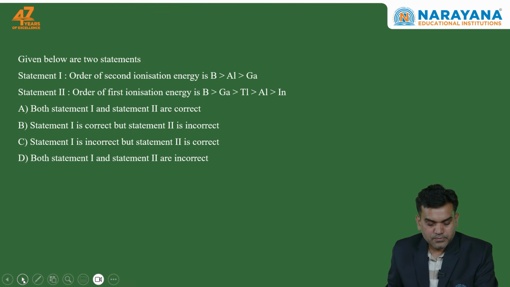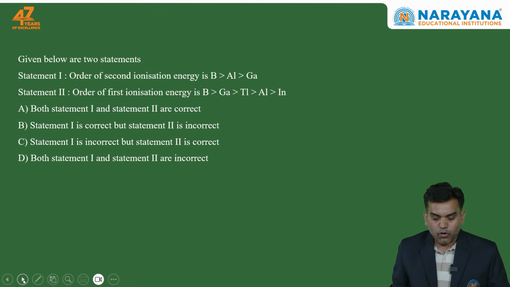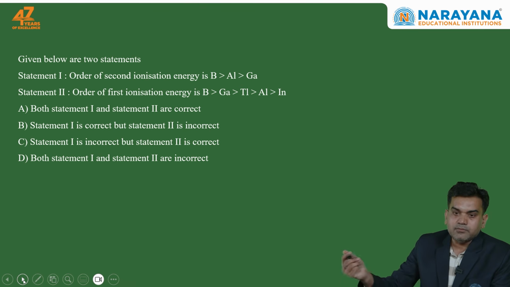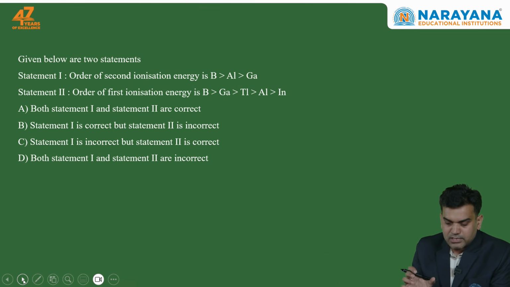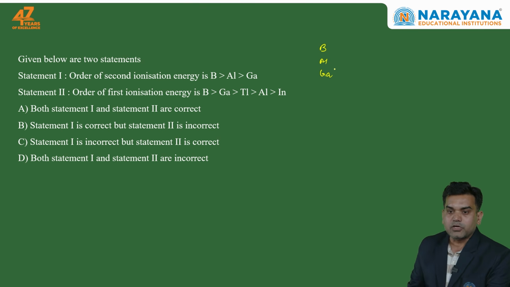This says, given below are two statements. Statement 1: the order of second ionization energy is boron, aluminium and gallium. This is a little bit tricky, as boron, aluminium and gallium all three come in the same group in the periodic table.